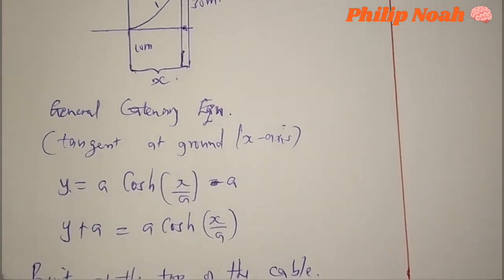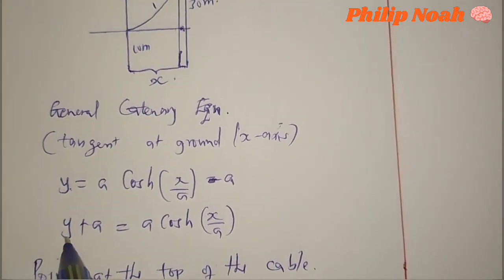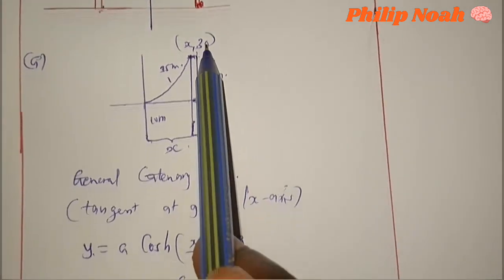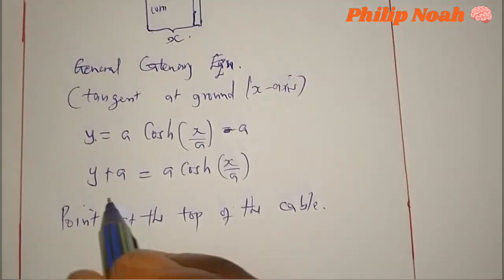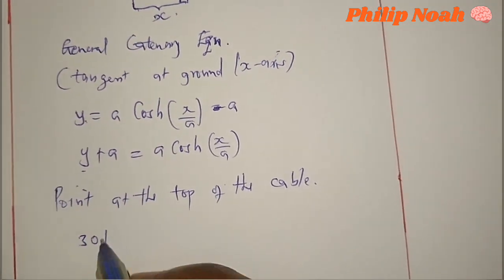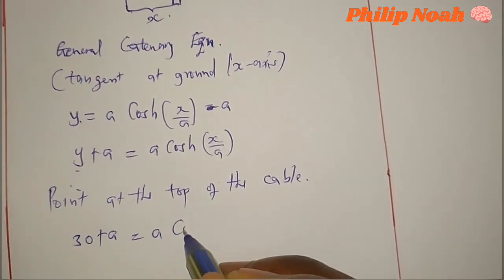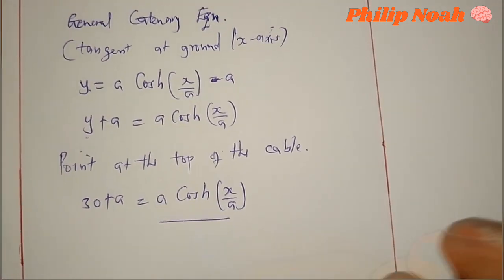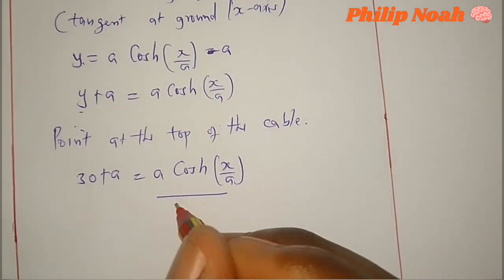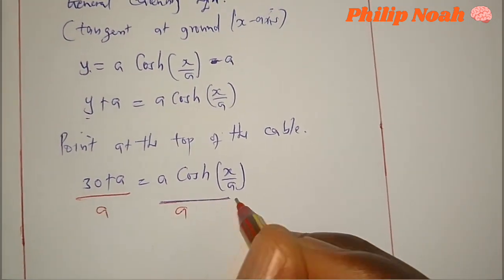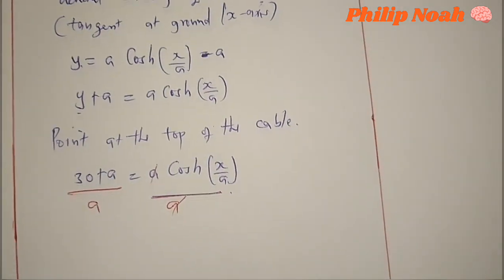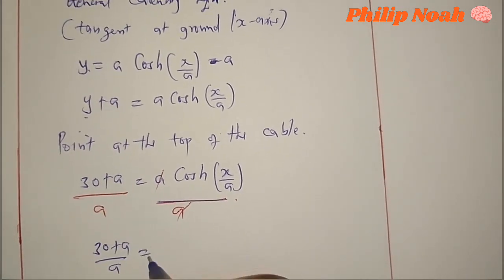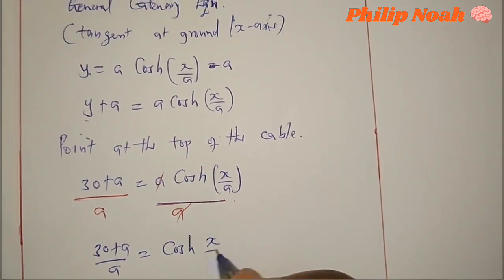So I'm going to use this equation here. The y coordinate is 30, so I'm going to write this 30 here. So you have 30 plus a equals a cosh(x over a). We divide both sides by a. This and this go, and we remain with (30 plus a) over a equals cosh(x over a).